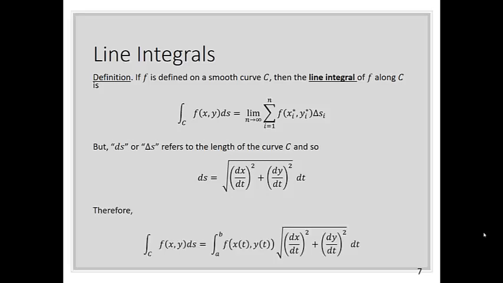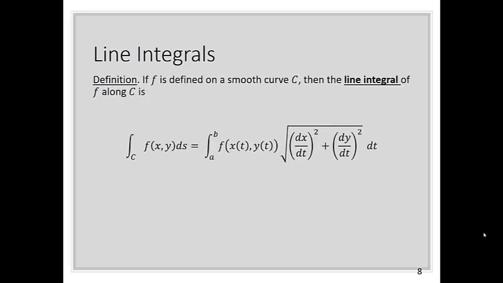And therefore, if we combine the two together, we see that the integral over C of f of x y ds will be the integral over the parameter range a to b of f evaluated at our parametrization x of t, y of t. And for the ds, we have the length of the curve, square root of (dx/dt) squared plus (dy/dt) squared, dt. So here it is cleaned up a little bit.